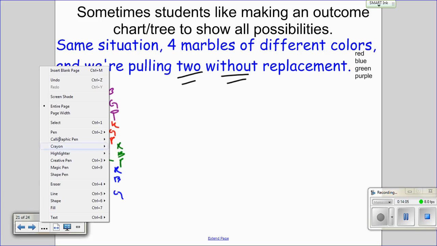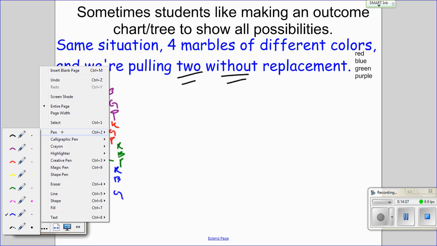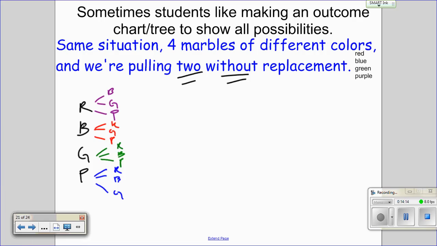So when the question had said the probability of first picking a red and then a blue, in that order, you have 1 out of 1, 2, 3, 4, 5, 6, 7, 8, 9, 10, 11, 12.